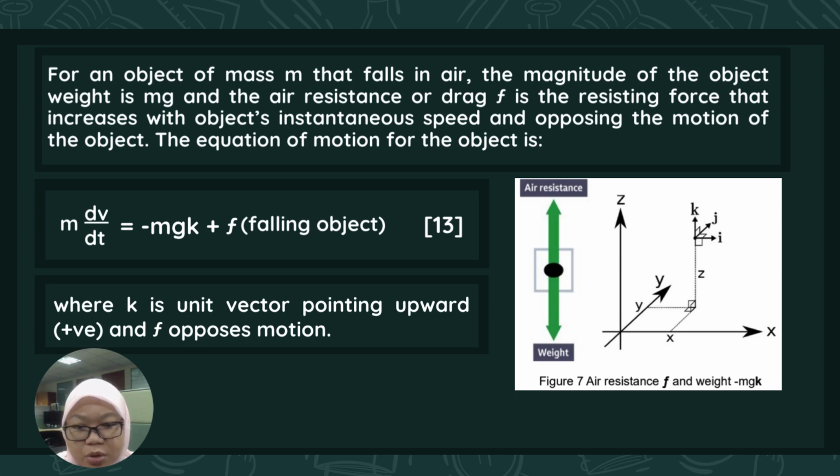The equation of motion for the object is m dv/dt equals negative mgk plus F, where k is the unit vector pointing upward, so the weight term is negative, and F opposes motion.